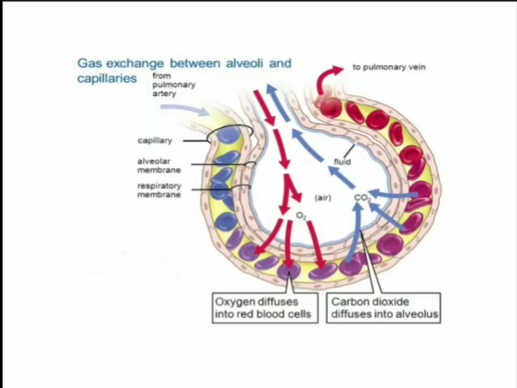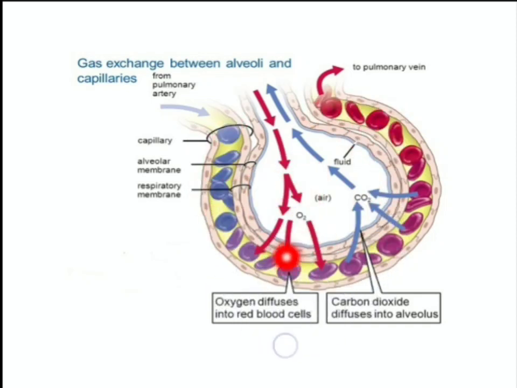Okay, this is the slide in which you can see the alveoli structure. Gaseous exchange takes place at the alveoli. Here you can see this sac-like structure, the alveoli, and these are the blood capillaries around the alveoli. This is the structure where the whole gaseous exchange takes place.